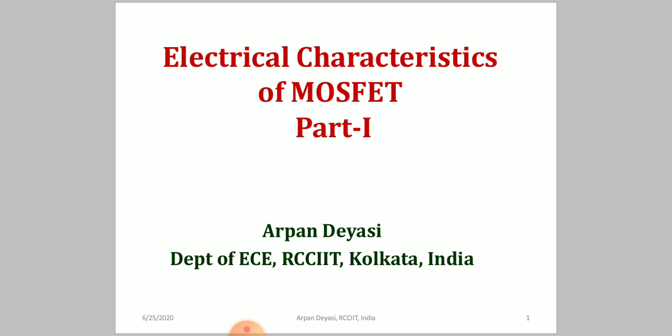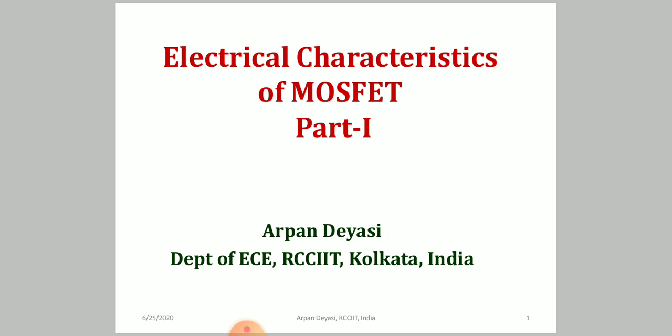At the beginning of my lecture series, I mentioned that I will try to cover this portion of MOS and MOSFET with six lectures. Three lectures are dedicated to the MOS capacitor and the rest to the MOSFET.